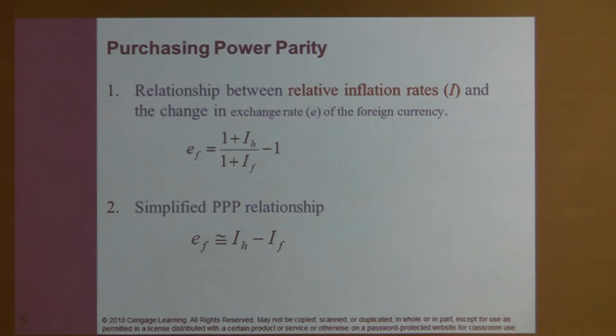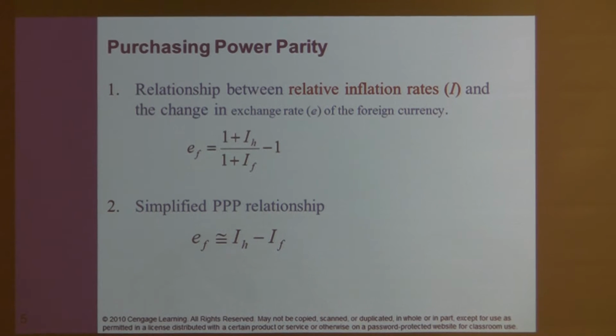Okay. So this is one way to look at the relationship between the change in the exchange rate and the inflation levels. What we have on the left-hand side is the change in the exchange rate. So by how much does, let's say, the euro change from one year to the other?